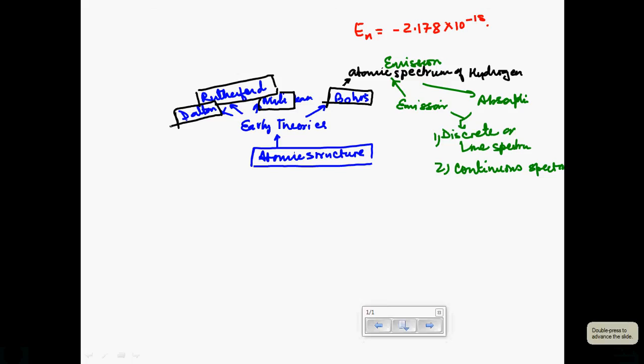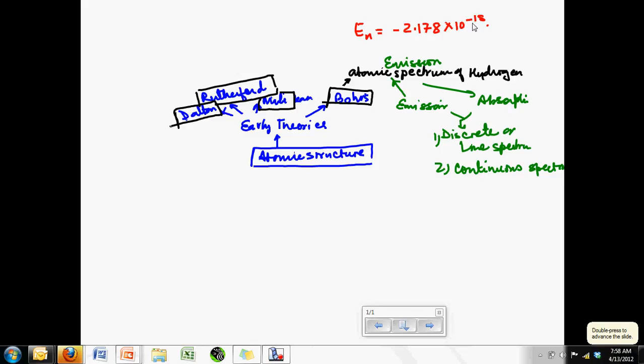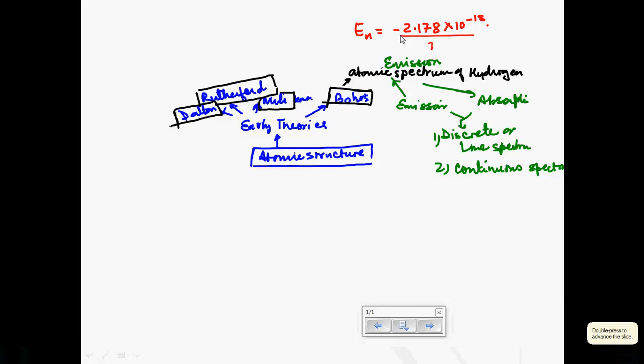This formula is negative R_H over n squared. You can calculate the energy of an electron in a certain energy level by using this formula, where n is the energy level. But there's another formula that gives you the energy of an electron's transition.